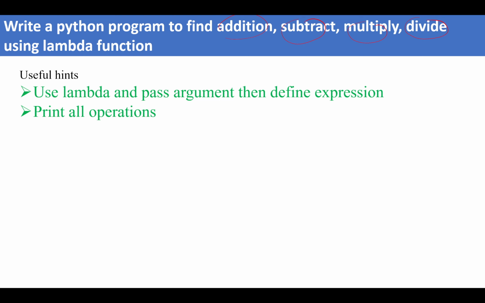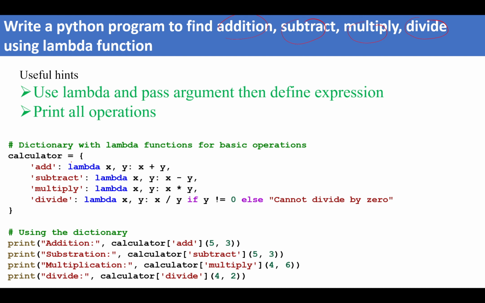So these are the hints, and we are going to use the hints to write the syntax. Here I am using a variable calculator, and I form a dictionary; these are my keys, and this is my lambda function.